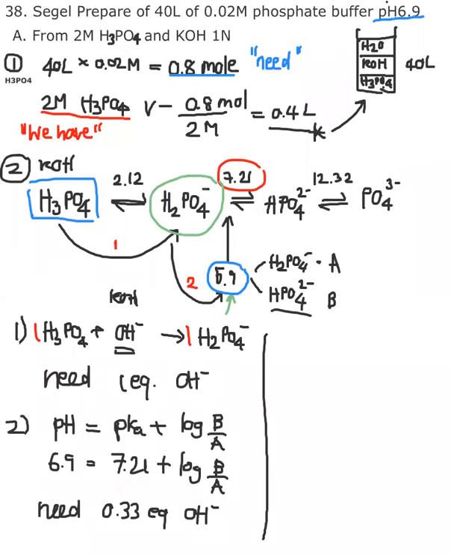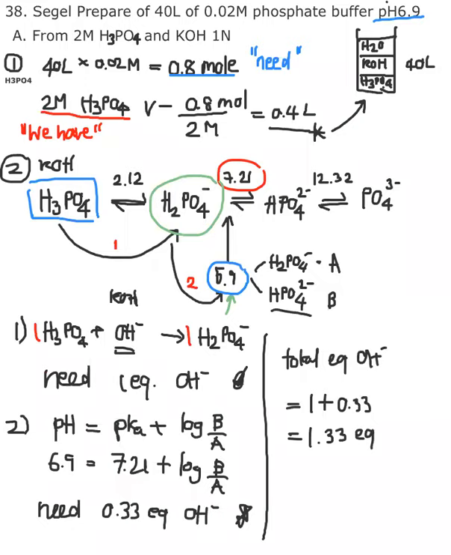So the total amount of hydroxide ion that you need to raise the pH to 6.9 is the total from step 1 and step 2 here. So total equivalence of hydroxide ion will be equal to 1 plus 0.33, and this is 1.33 equivalents.